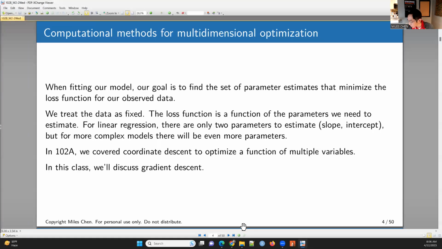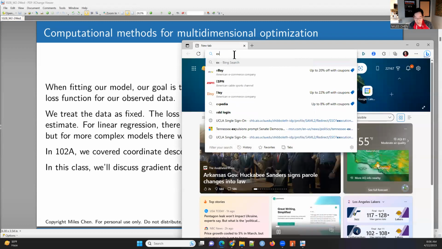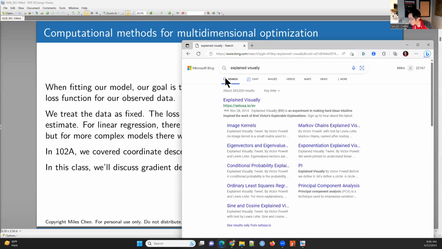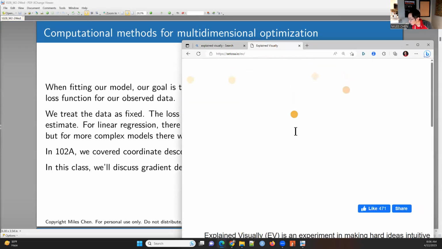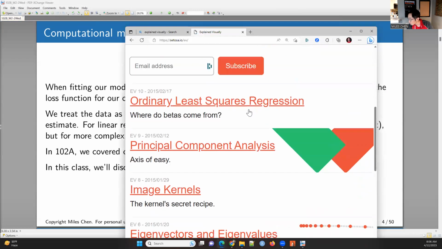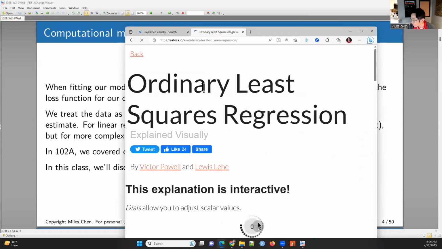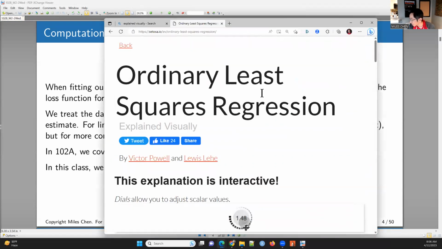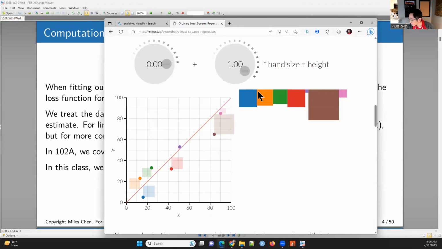There's actually a cool little app on the internet that I want to show you guys. This is Explained Visually, ordinary least squares regression. So this actually has the literal knobs here.